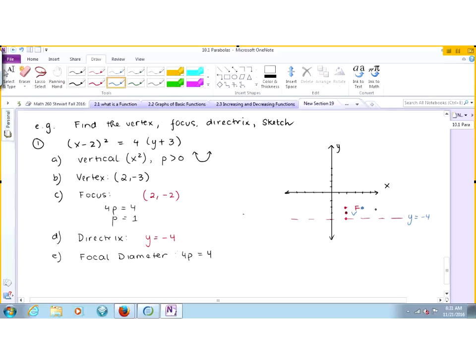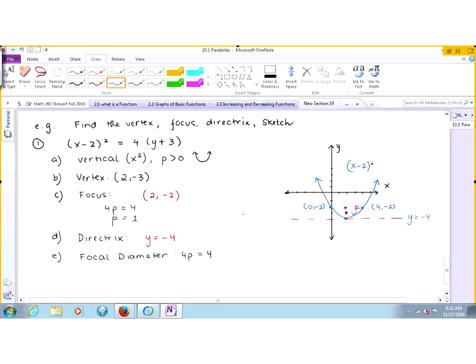There you go. This is 4 comma negative 2, and 2 to the left is 0 comma negative 2. Good. Then that's it. This is my sketch. I'm using only 3 points to sketch my problem.